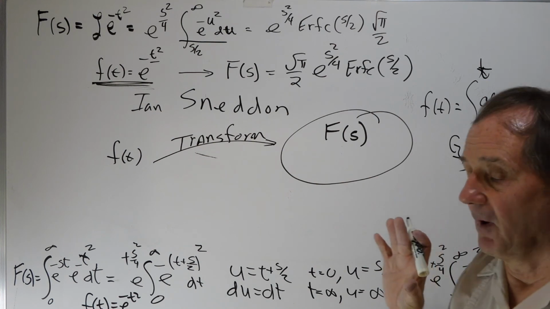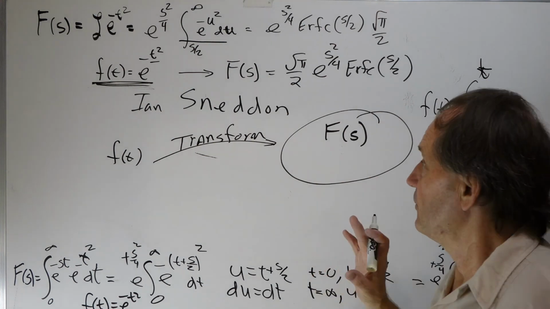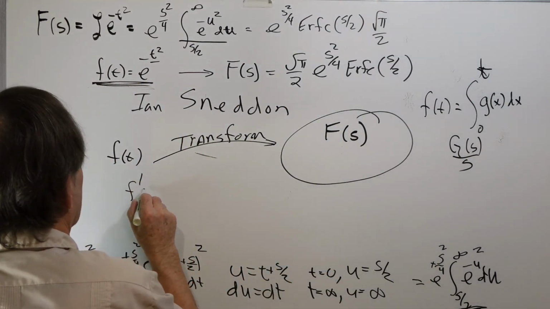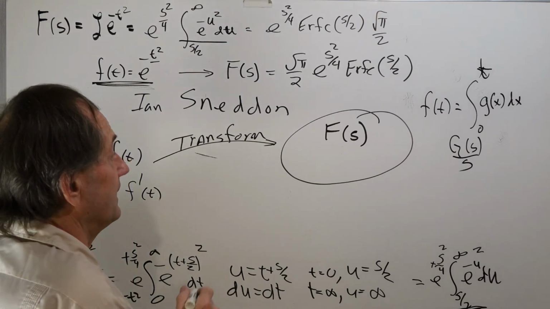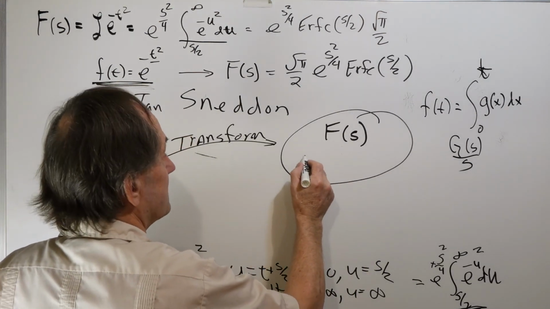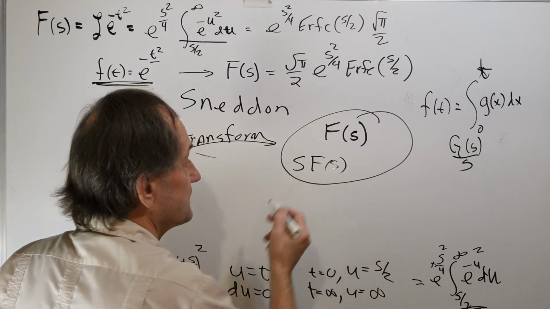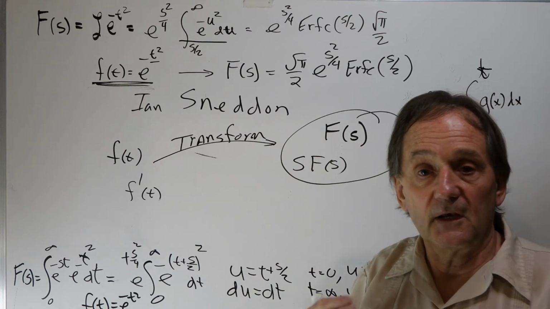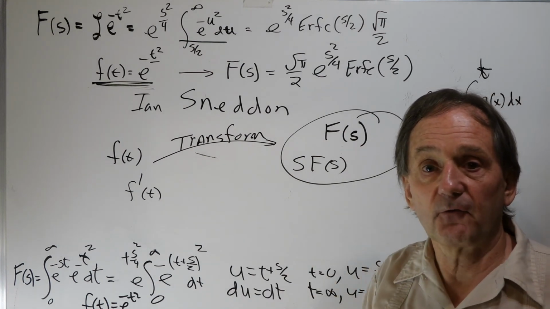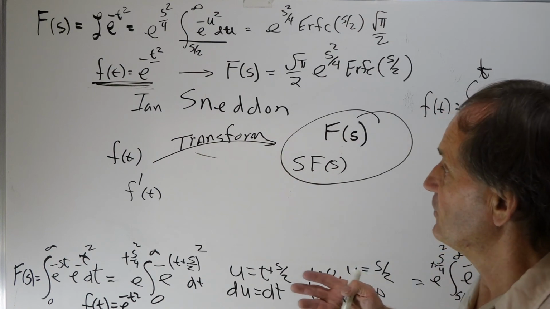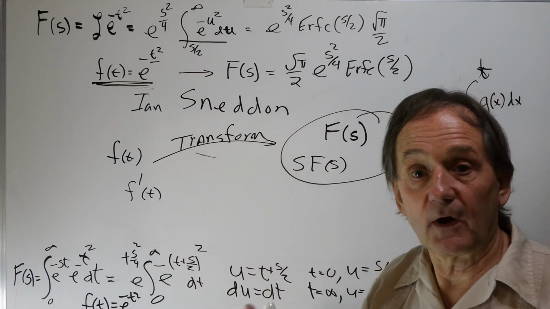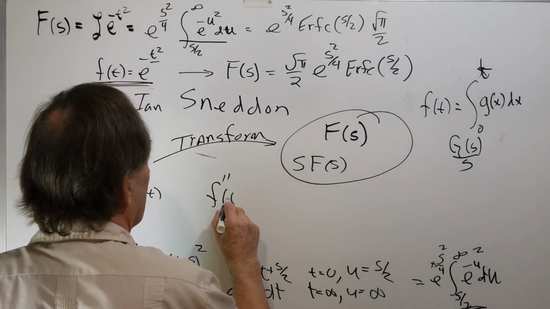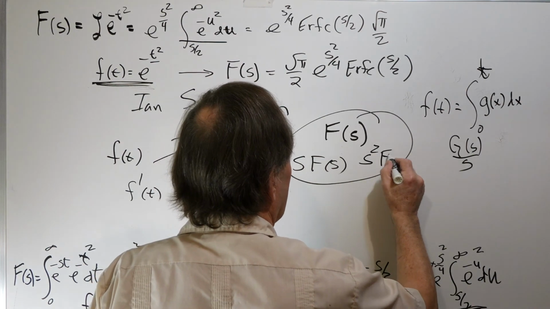You might also guess that if you have a derivative in the t domain, in the transform space it becomes s times the transform function. So when you integrate, you divide by s. When you differentiate, you multiply by s. If you double integrate, you divide by s twice. So if we're going f double prime of t, then it's s squared F of s.